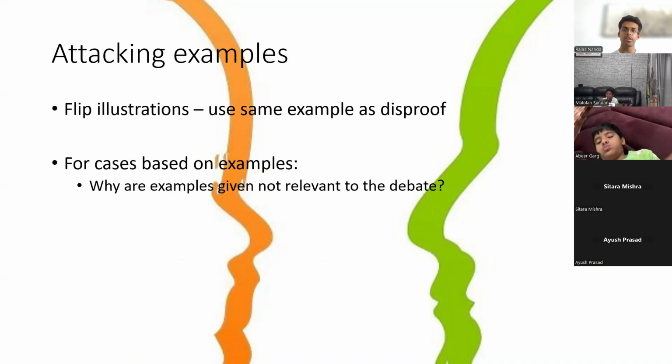Okay, next is attacking examples. And the best way to do this is to flip an example that the opposition has given. So they've probably given a statistic or a historical fact, or they've given you a bit of a story explaining how a customer acts.